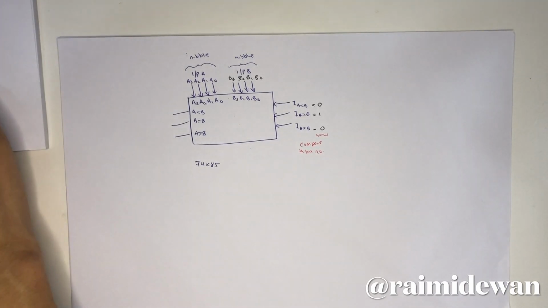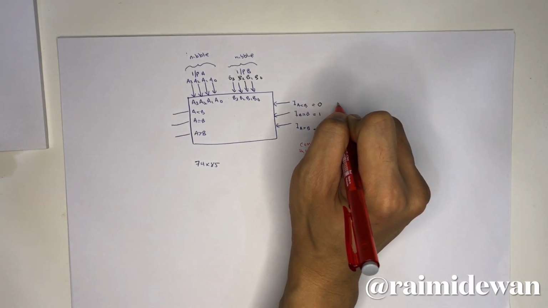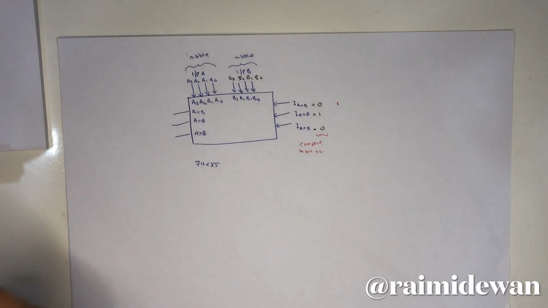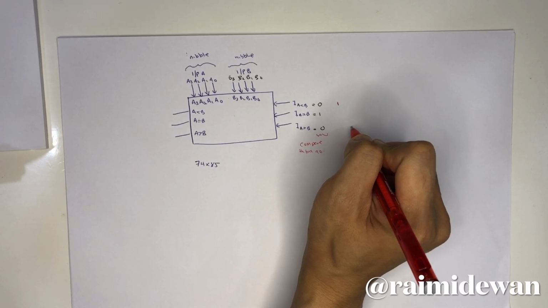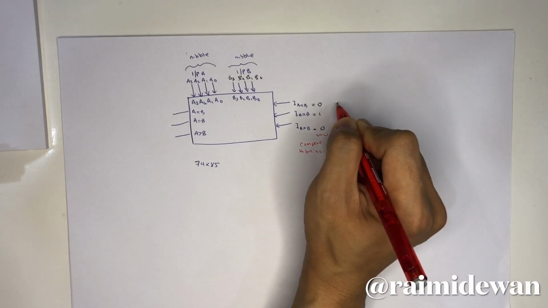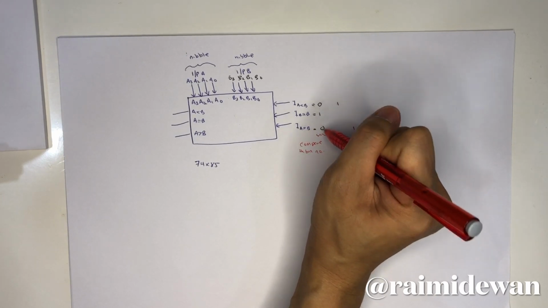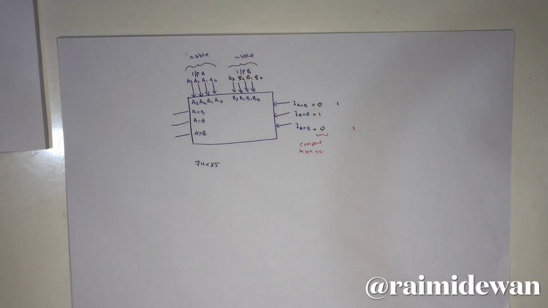Let's say if this one is set to 1, or this one is set to 1, for example. Either this one or this one, because this is meant to be 0. Both of them are meant to be 0 in order for us to perform the comparison operation.